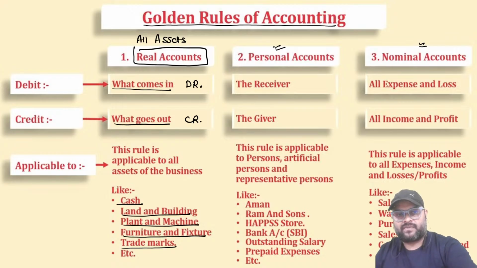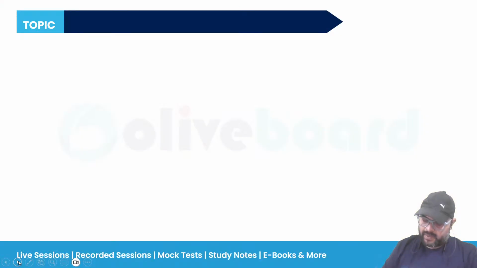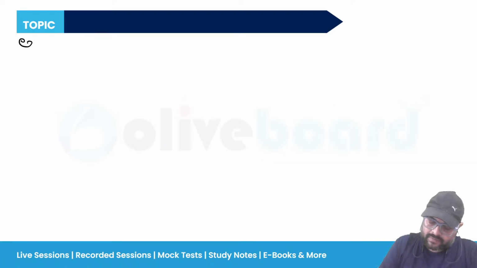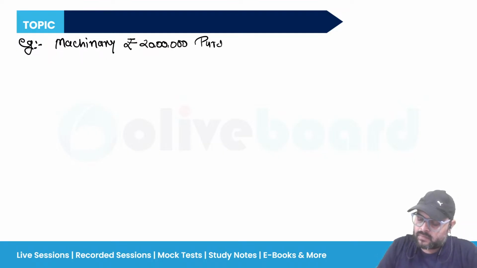So now let's have an example to understand it in more detail. Machinery rupees 20 lakh purchased by cash.